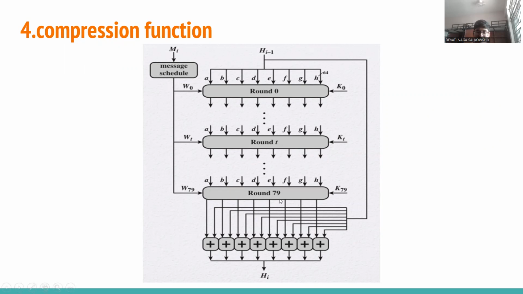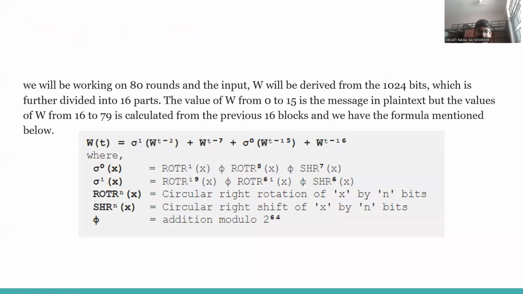In the last round, after we get the final buffer values, the previous hash value is added to it, and we perform a modulo operation here and get the hash value, and this hash value will be given to another block, and this continues for n number of blocks.